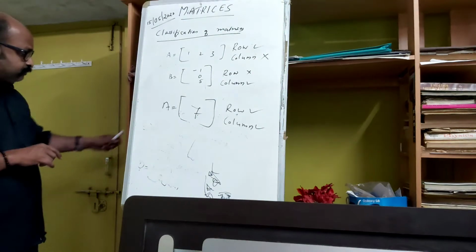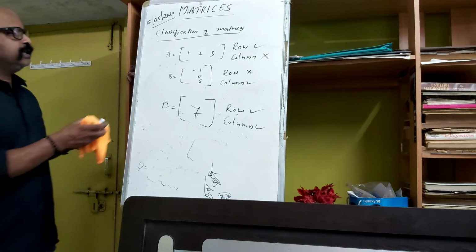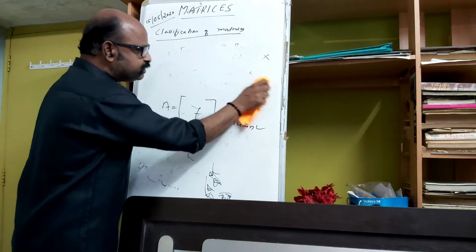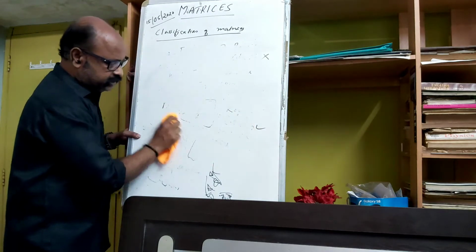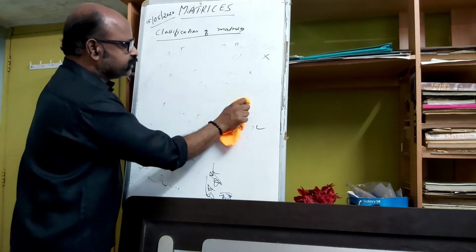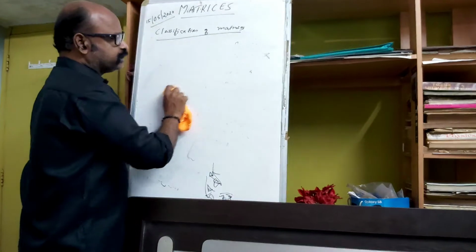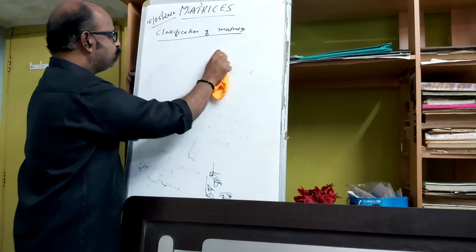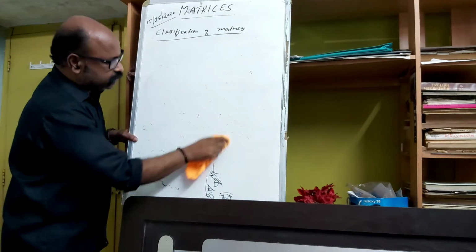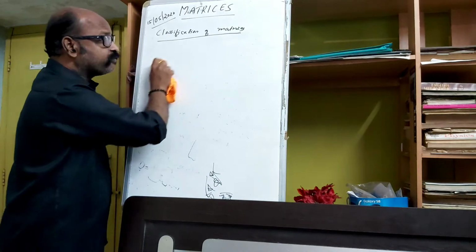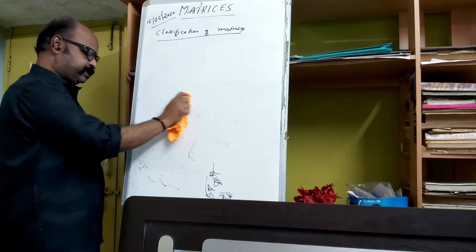Okay, so from row matrix and column matrix we just came to a speciality. That speciality gave us a matrix containing only one element, and we said the speciality of a matrix containing only one element is that it is a row as well as a column matrix.